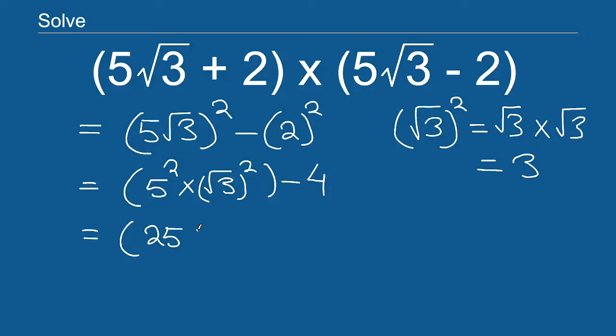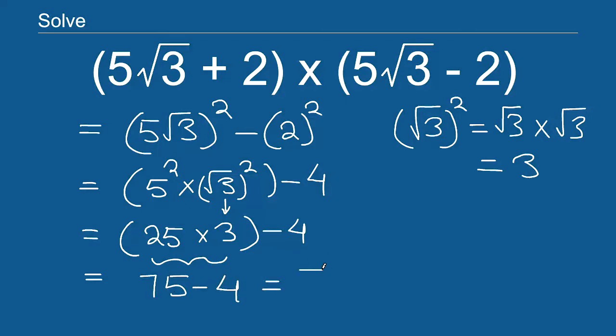So this resolves as 3, and here we have our minus 4. Now we have 25 times 3, which is 75. 75 minus 4 is simply 71. 71 is our final answer. So this product is 71.